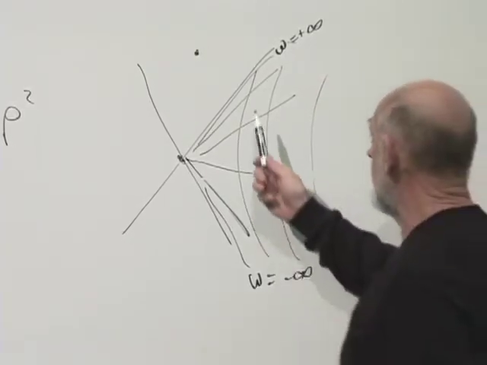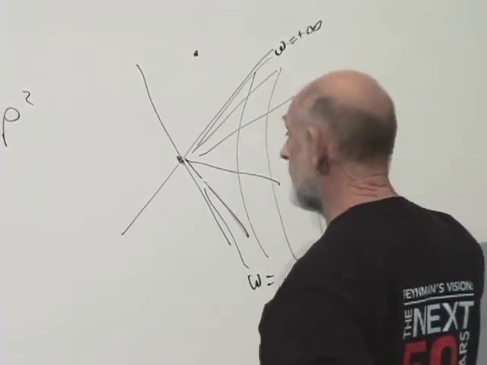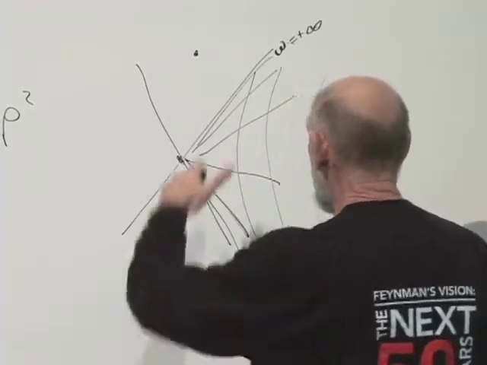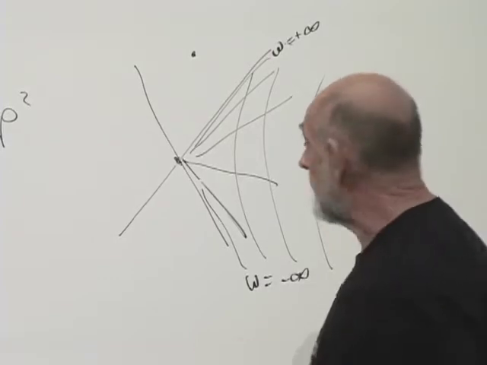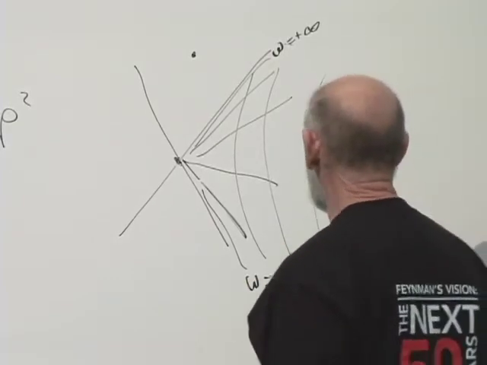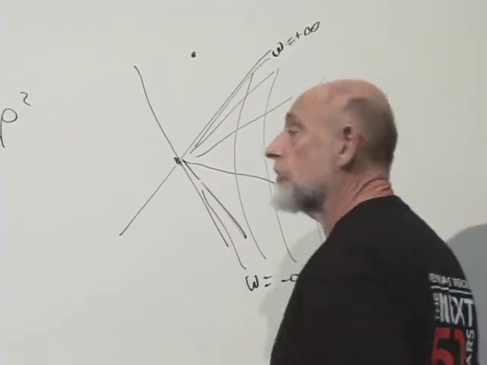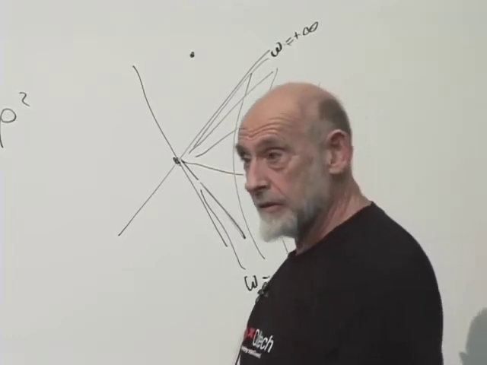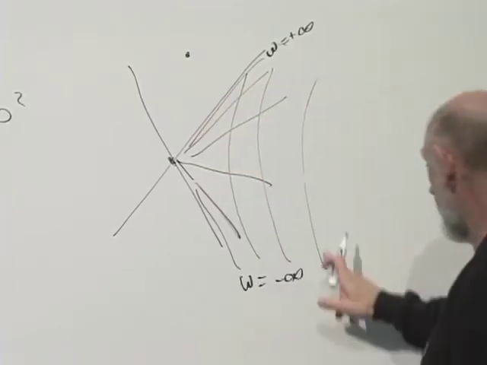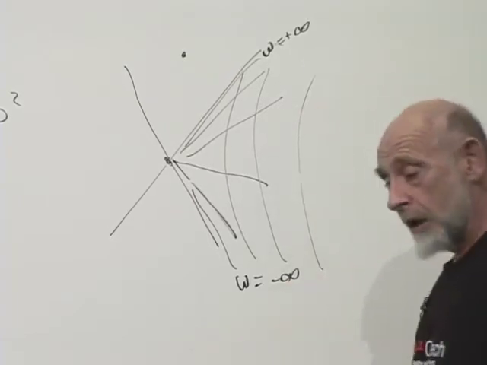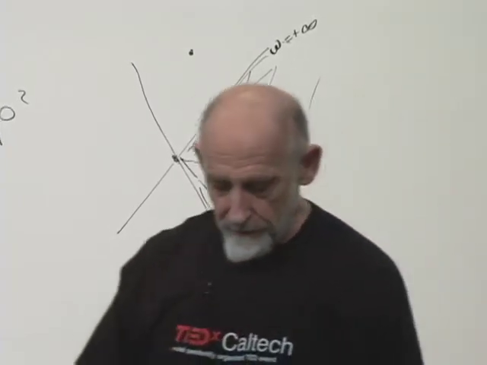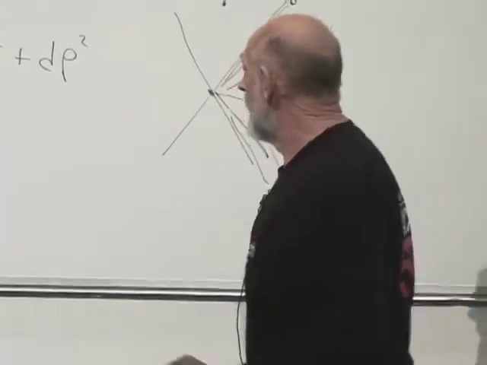So this is a kind of horizon, and once you're behind it, you can't get any information out to distances beyond r equals 2mg, or rho greater than 0. Okay, so that's the geometry of the near horizon.